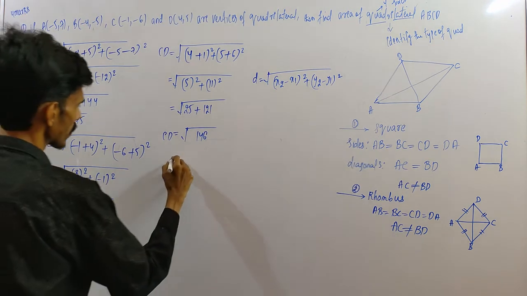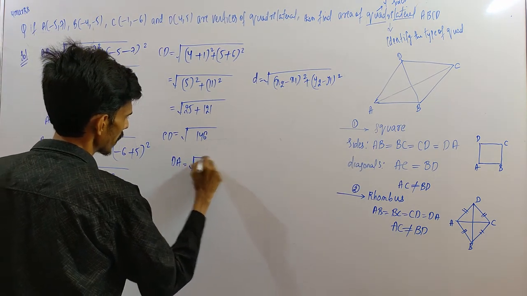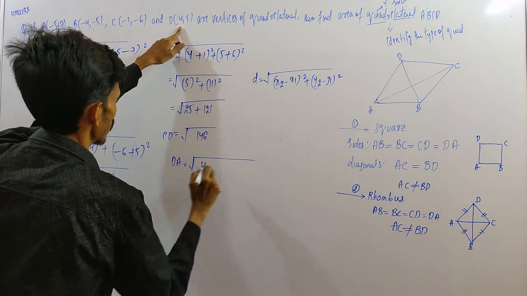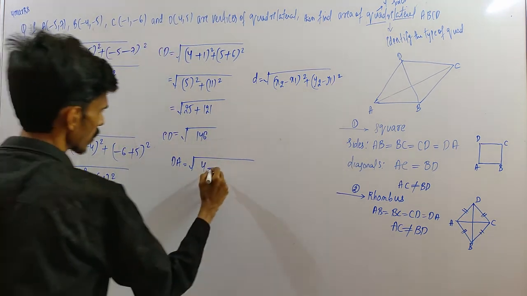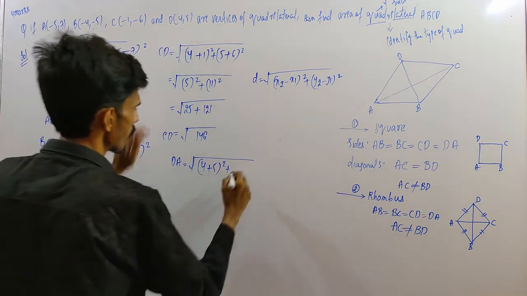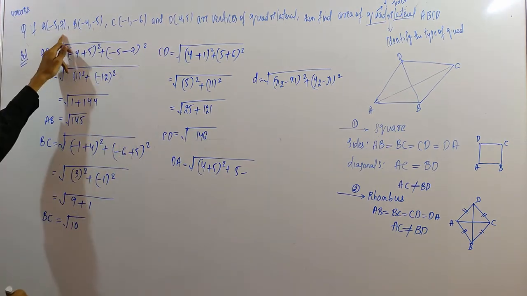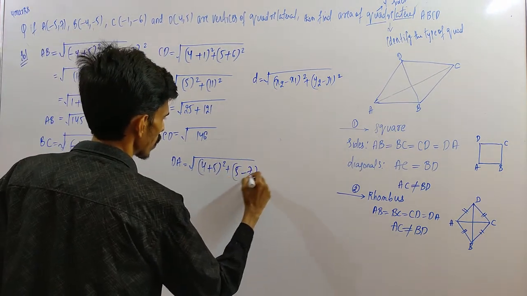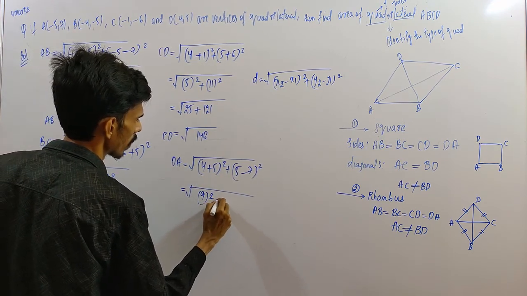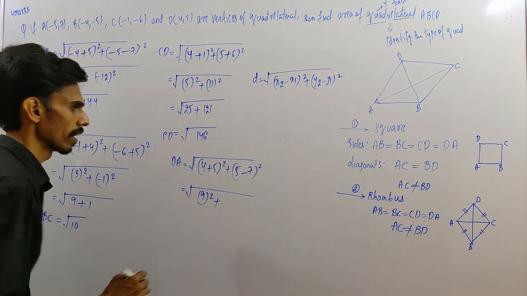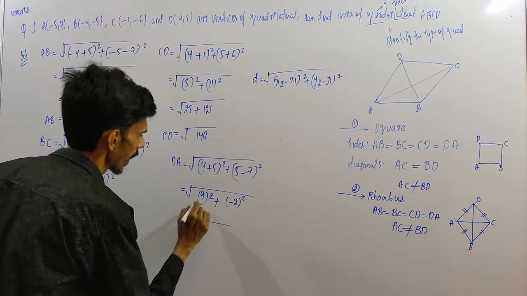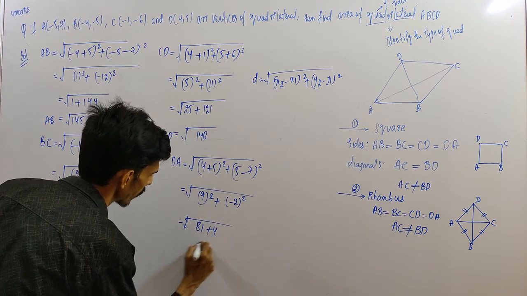Now take DA distance. DA is under root 4 minus means plus 5 square plus 5 minus 7 square. So we have 4 plus 5, 9 square, 5 minus 7, we have minus 2 square. We have 9 square, we have 81, 2 square we have 4.